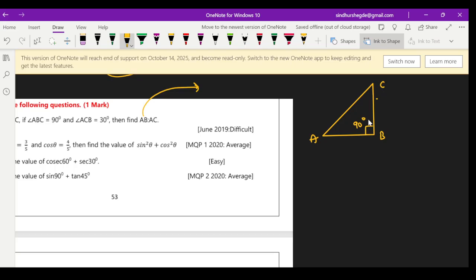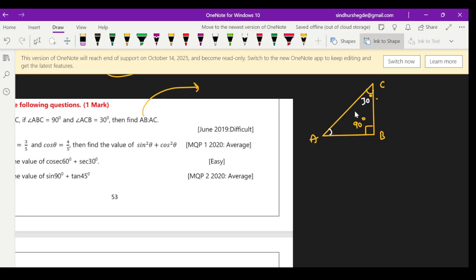This problem tells us that many students think that if it is 90 degrees, then every time this is 45 and this is 45. Don't make this mistake. It could be anything, because the sum of the internal angles should be 180, so it can be 30 and 60. The main rule is that the sum of the internal angles should be equal to 180 degrees in any triangle.